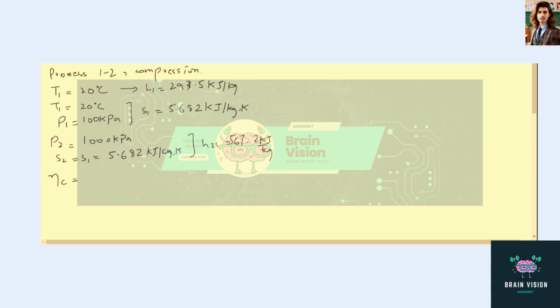So our efficiency for the compression is (H2s minus H1) divided by (H2 minus H1). That is 0.86 equals (567.2 minus 293.5) divided by (H2 minus 293.5). So from here, the value of H2 is 611.8 kilojoule per kg.